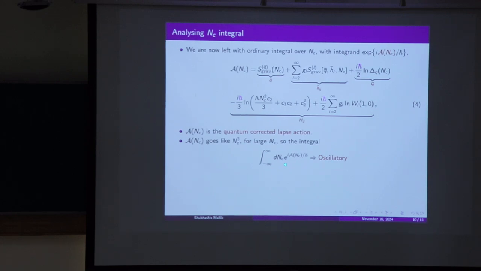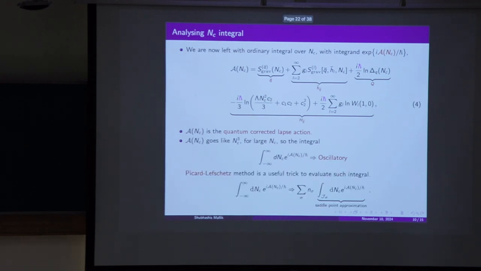So if we take this from minus infinity to plus infinity, then this is not converging, this is an oscillatory integral, and Picard-Lefschetz is a useful trick to evaluate such integrals. What it does is take this contour and deform it to various thimbles, and along each thimble one can do a saddle point approximation with an extra factor n sigma that takes care of the orientation of the thimble.